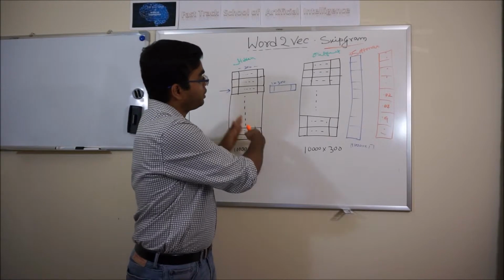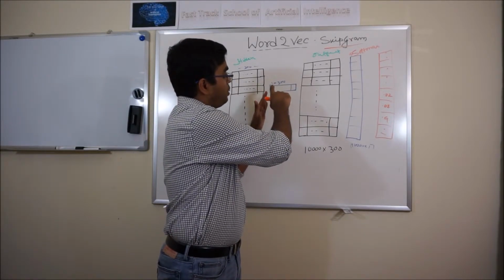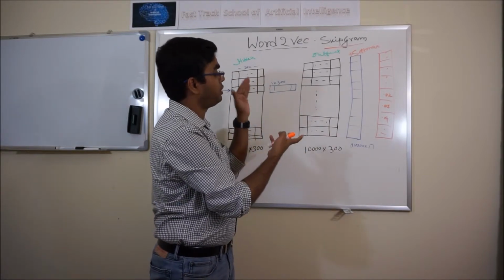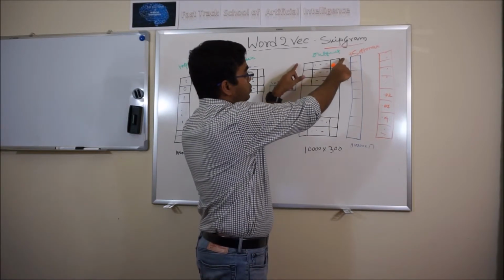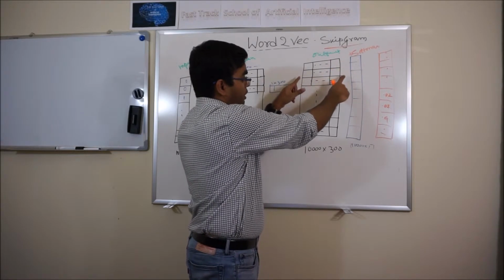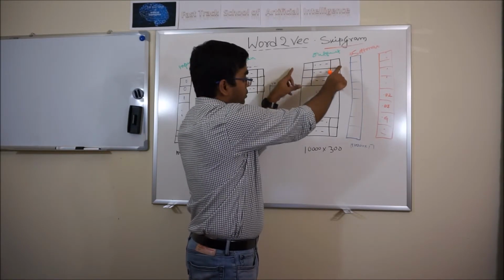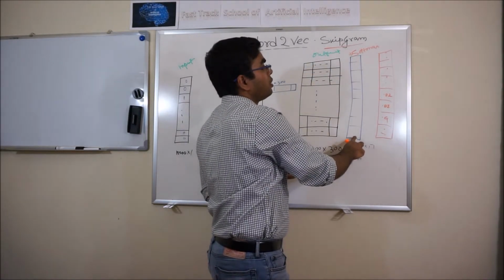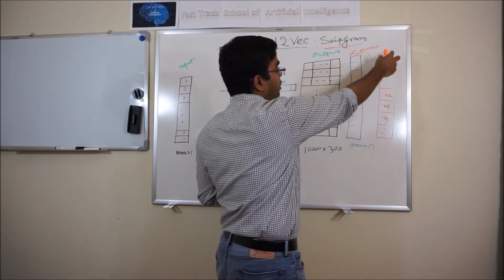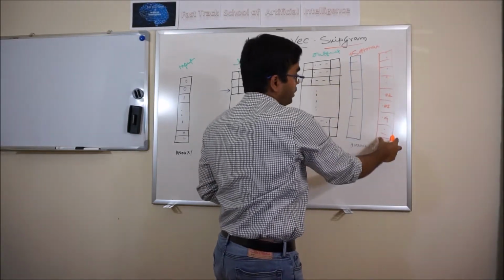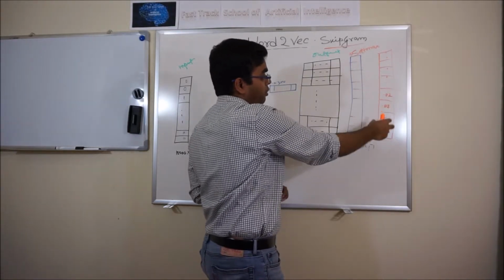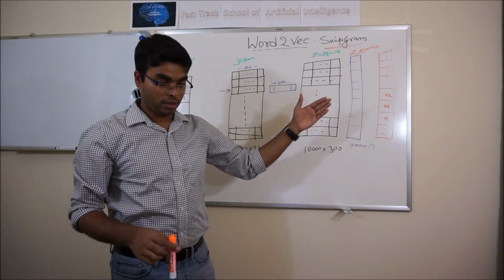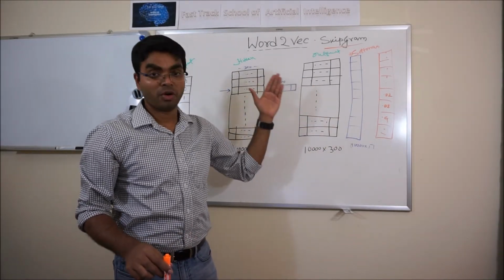Then we multiply the 1 into 300 vector representation with each of the output vector weights, and we get some values. Now we apply softmax, and we get the probability distribution for each one of them. This is the whole purpose of this word2vec skip-gram modeling.